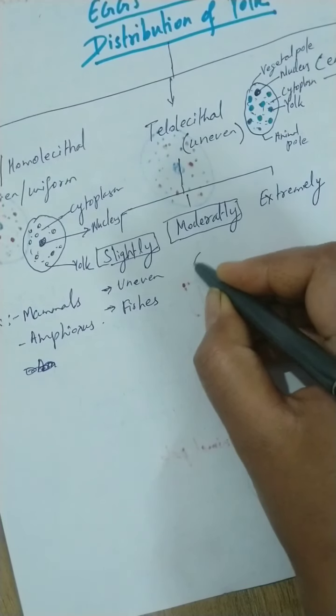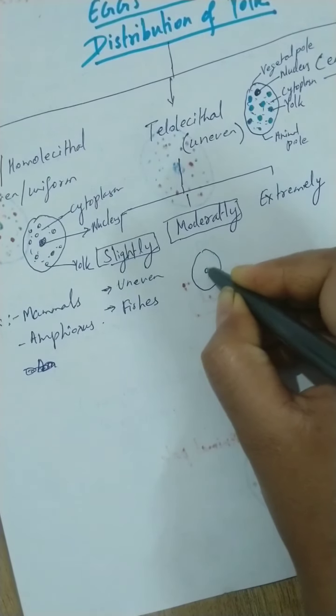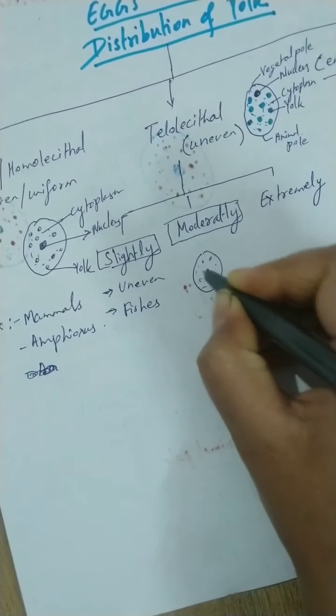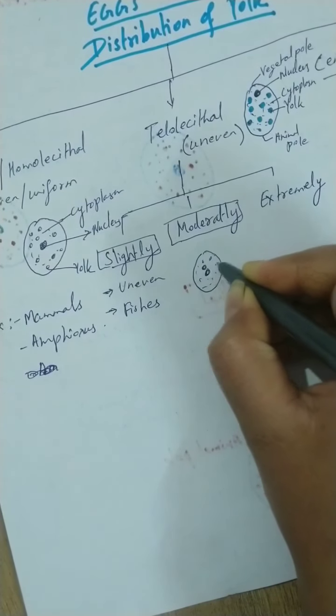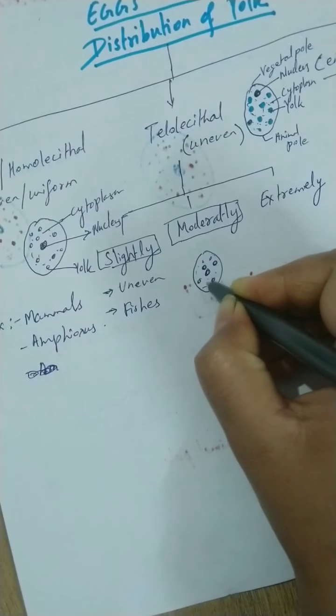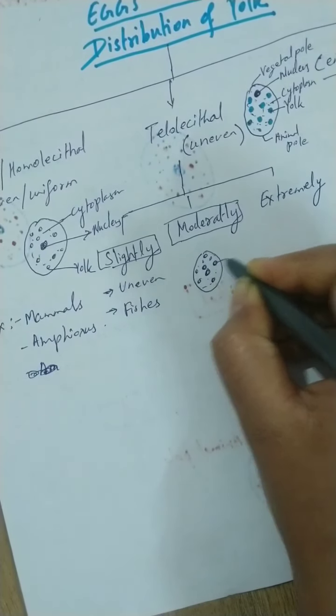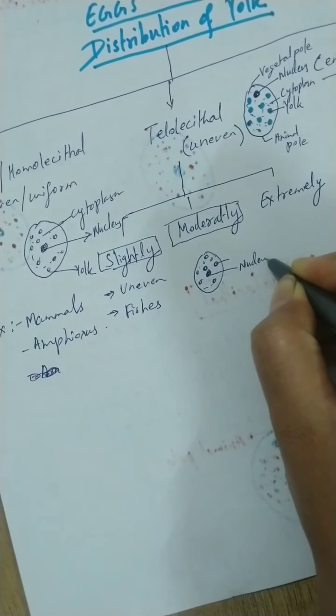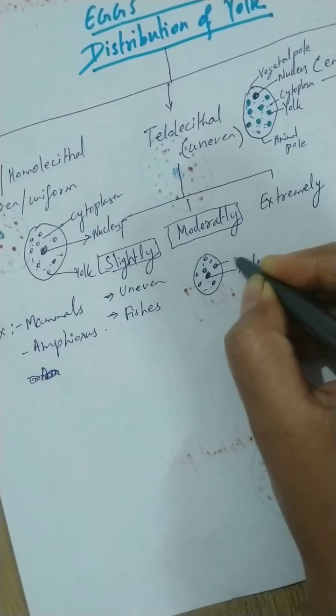In this one, this is the egg and this is the cytoplasm, and here a moderate amount of yolk is present. This is the yolk, this is the nucleus, this is the yolk.